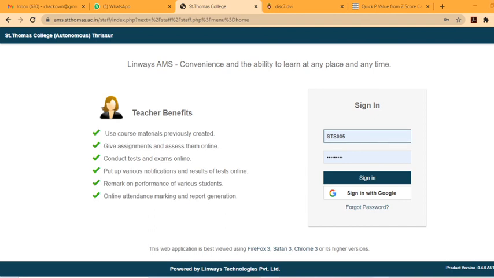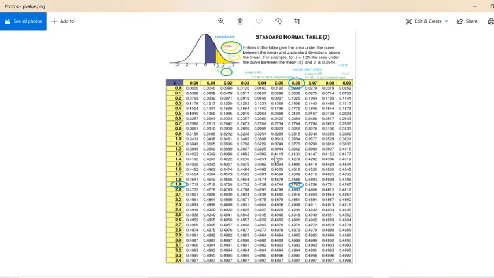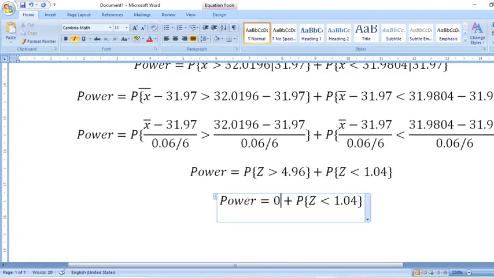So where did we go? So what is the value? 1.04. That is actually 0.3508. Look at this figure. So what will be the value? 0.5 plus 0.3508.